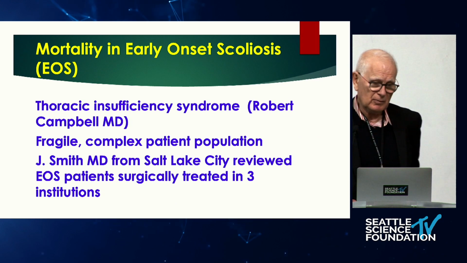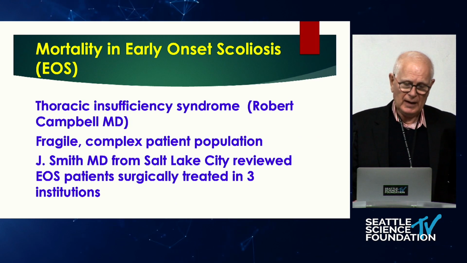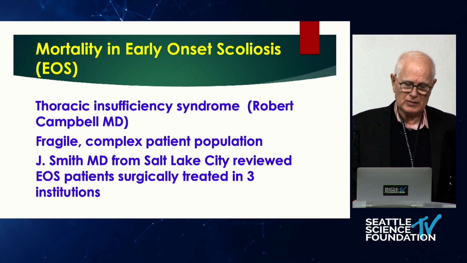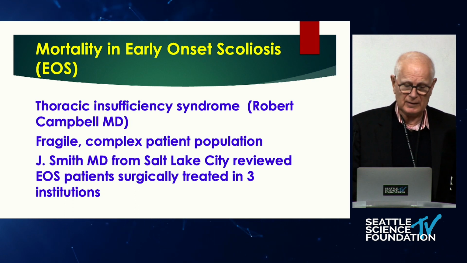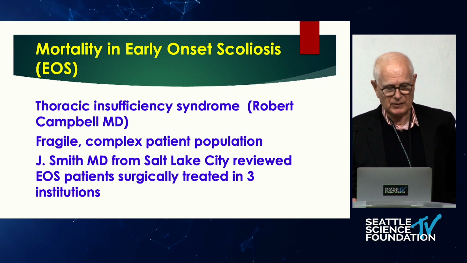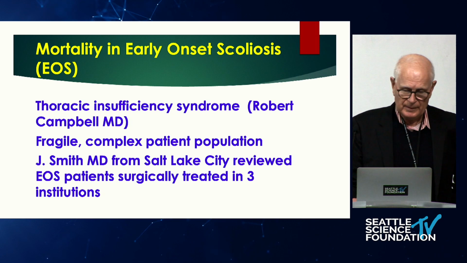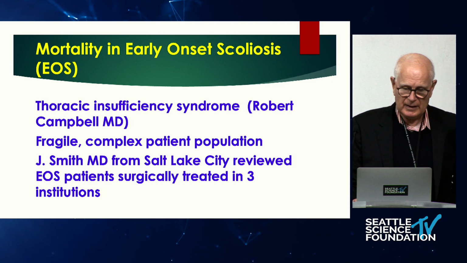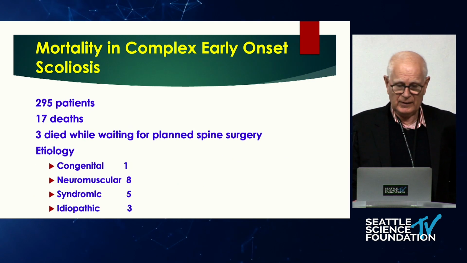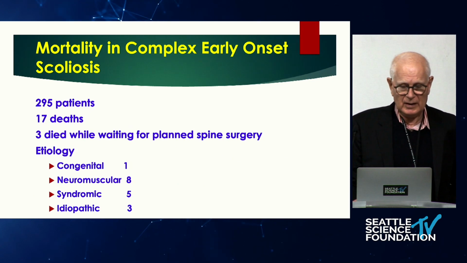Lastly, I want to mention the mortality. And this is really a major issue in early onset scoliosis. It was Bob Campbell, the late Bob Campbell, who developed this concept of thoracic insufficiency syndrome. And a lot of these children are a really fragile population, and the mortality is quite high.